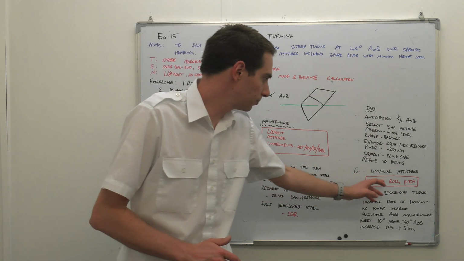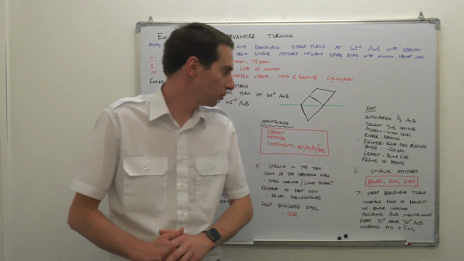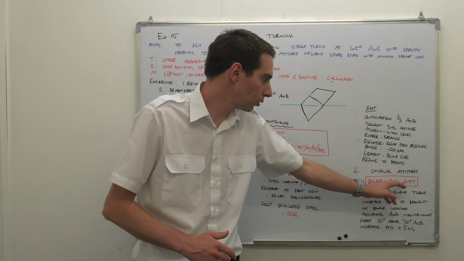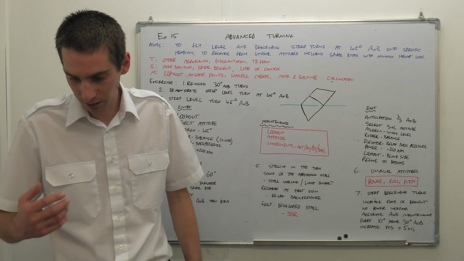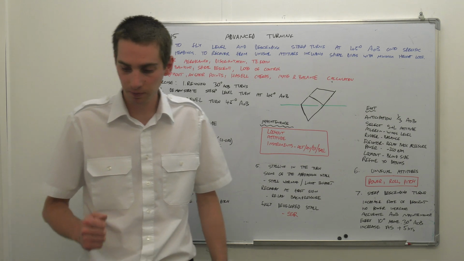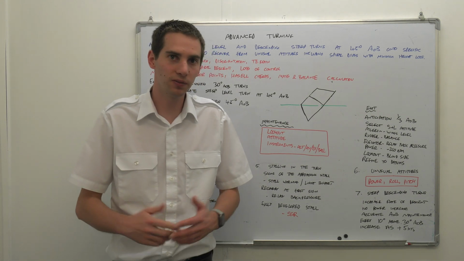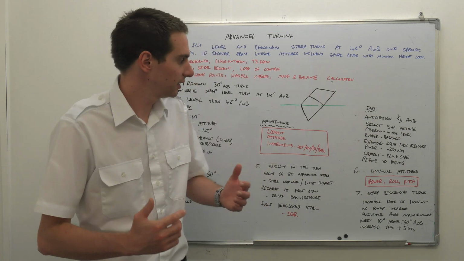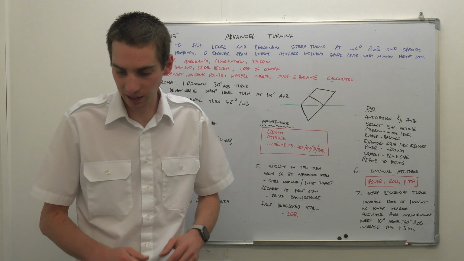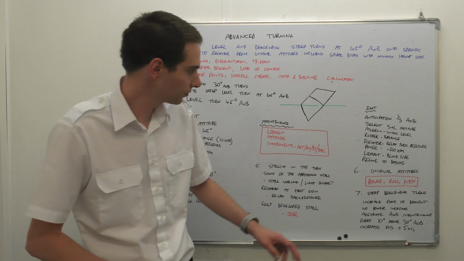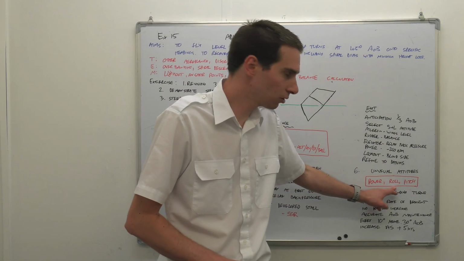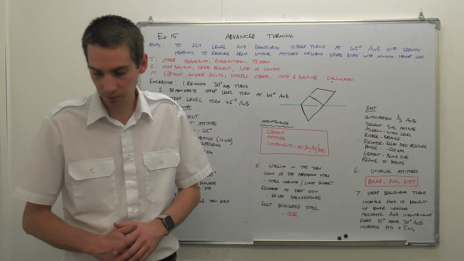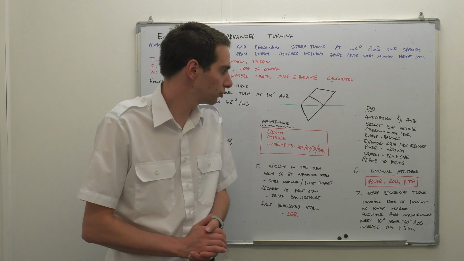So we're going to move the aircraft in 3 ways, and in order: check the power, roll, then pitch. For the power, if the speed is increasing, we just want to close the throttle. If the speed is decreasing, we want to go to full power. If your airspeed is stable, just leave the power where it is. Then roll the aircraft, a coordinated roll back to wings level, and then pitch back to our straight and level attitude.